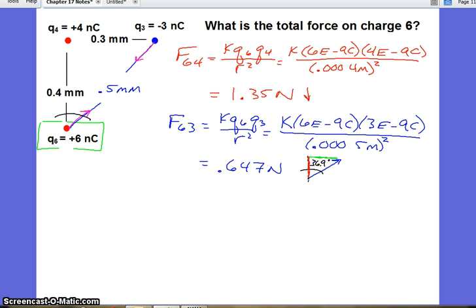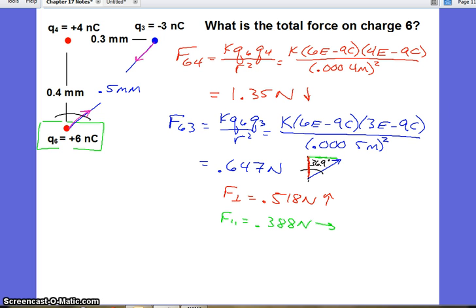So now I can go back here. I can write in my two components. We had that the perpendicular component was 0.518, and that was up. And the parallel component was 0.388, and that was to the right.